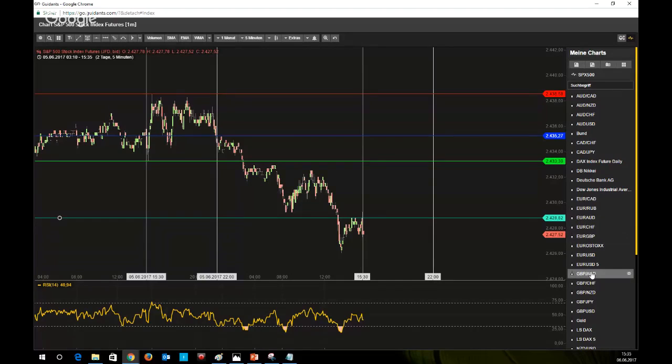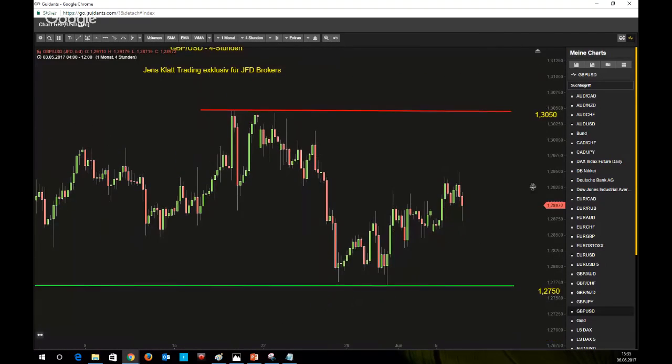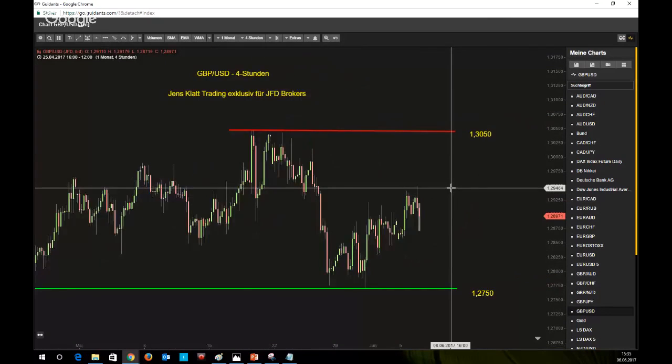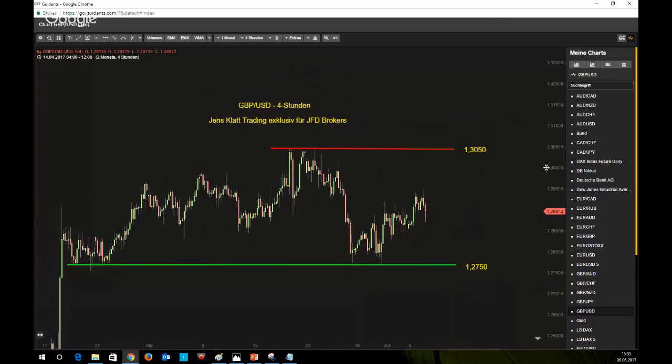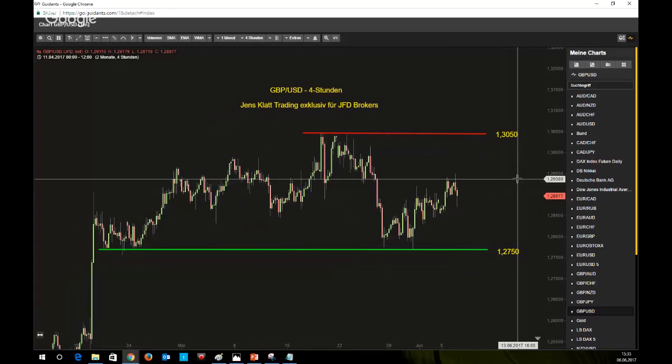But now the thing is, I have to say, even though it looks very spectacular and exciting, and in fact, probably we could easily formulate a trading setup for all pound crosses, by the way, not just GBP USD, but also GBP Swiss franc, GBP Singapore dollar, for example.